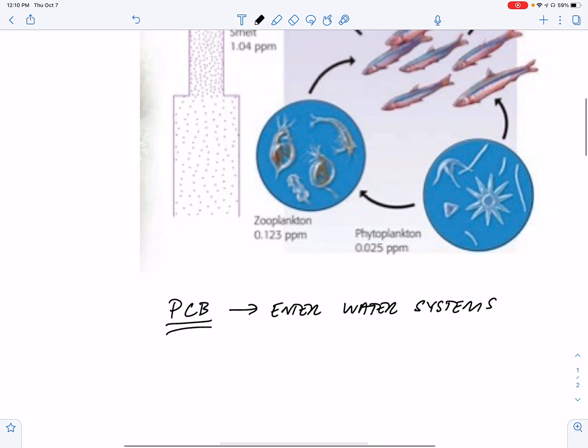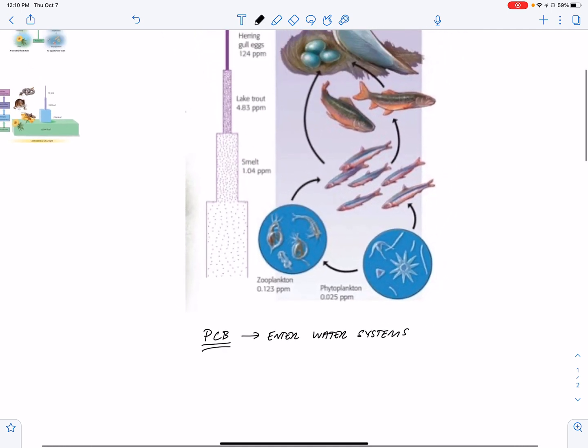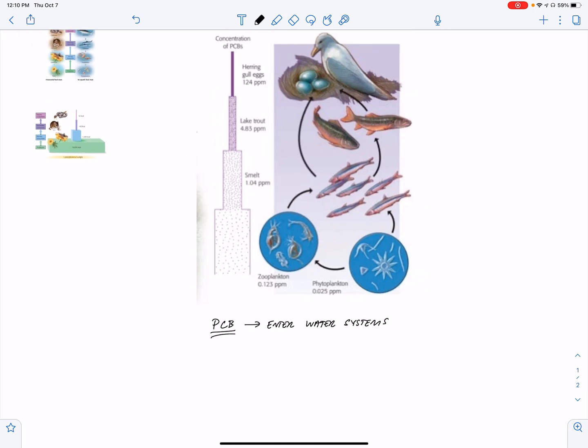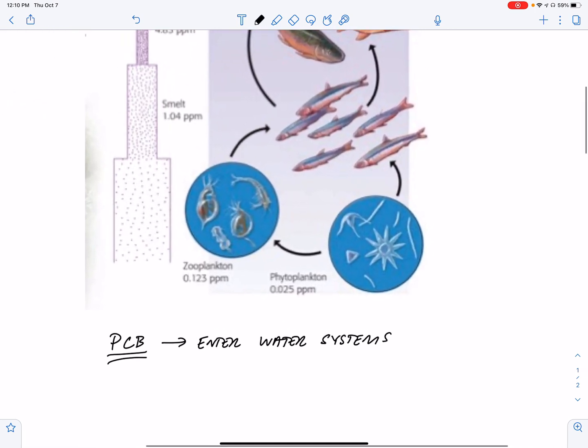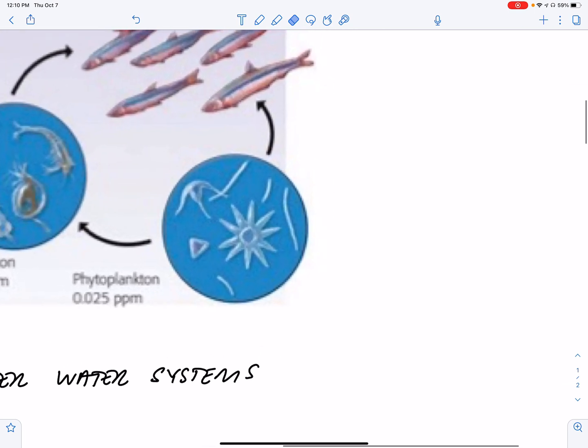PCBs are toxic and they cannot be broken down by the organisms that ingest them. So they remain in the bodies of the organisms that take them up. They are taken up at the very base of the food chain by phytoplankton. Phytoplankton are a broad group of organisms that all have one thing in common. They are doing photosynthesis.